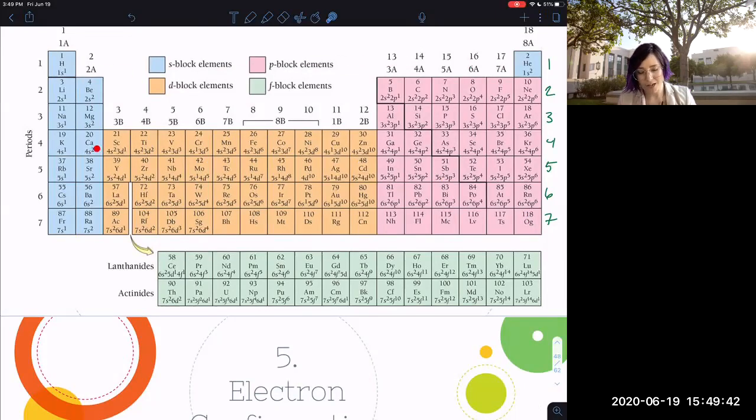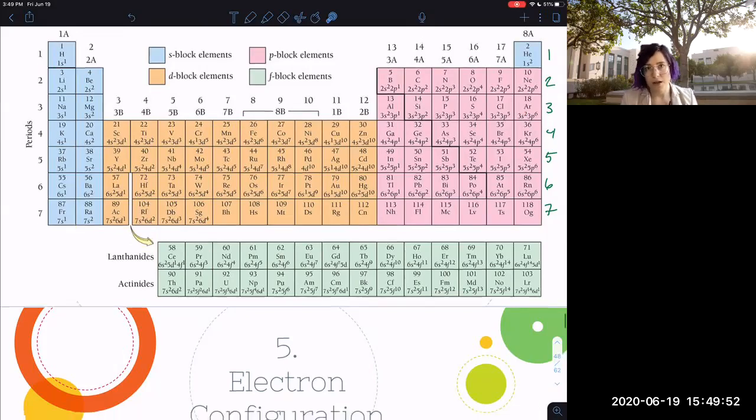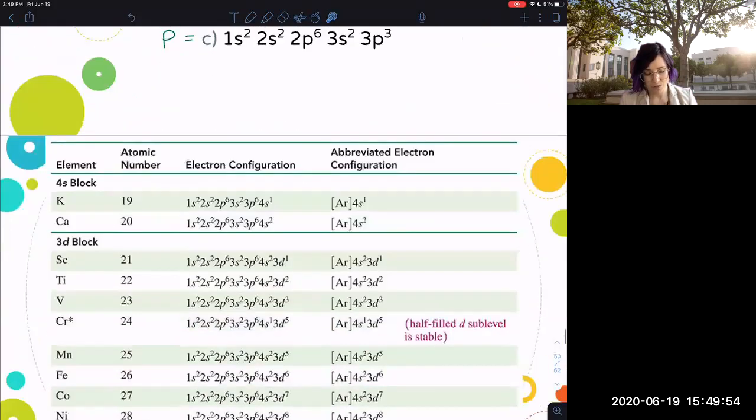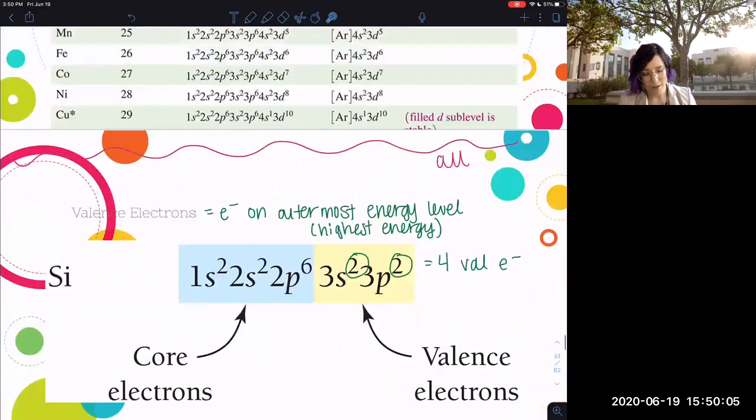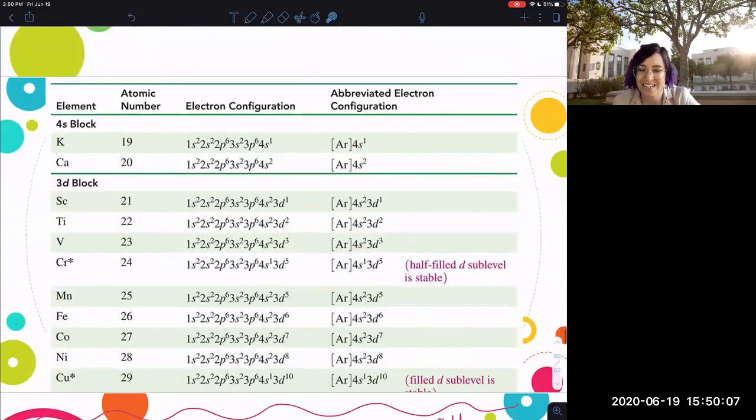If I want to get to calcium, remember the last time we were super stable in noble gas configuration? That was argon. Start there, and then 4s1, 4s2. But I'm not going to ask you to write the configurations. It's just for you to have a reference of what I'm talking about. Again, you do not need to know any of these d blocks if you are in Chem 19. We've got plenty of other stuff to learn in Chem 19, so don't you worry.